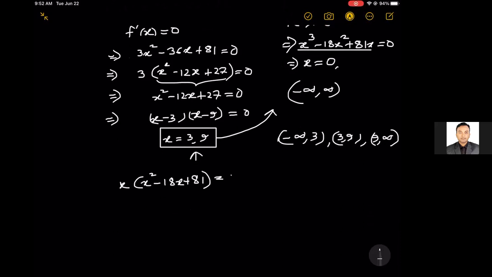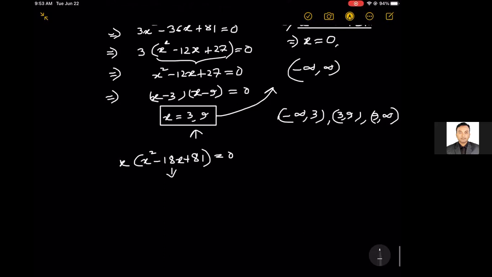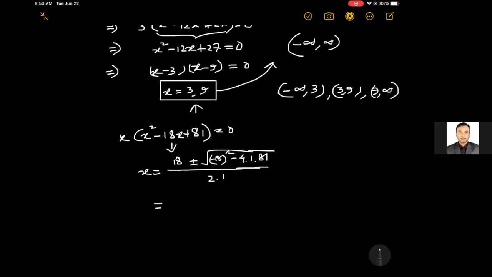And if I solve this, what do I get? I can use the quadratic formula: 18 plus or minus the square root of 18 squared minus 4 times 1 times 81, over 2a. Can you calculate it for me? What are the possible values from this calculation?